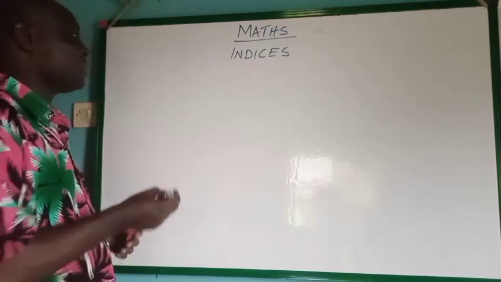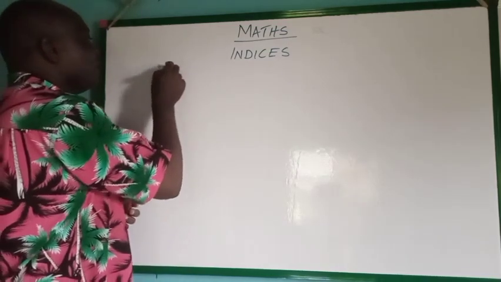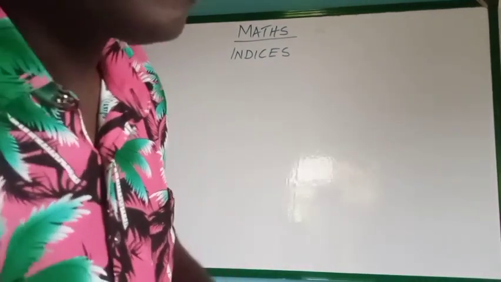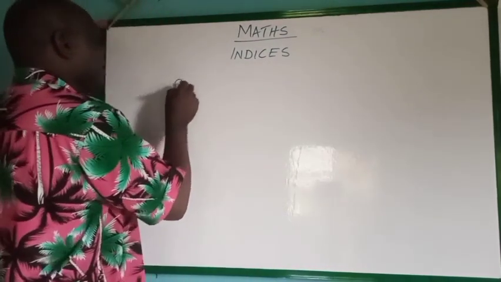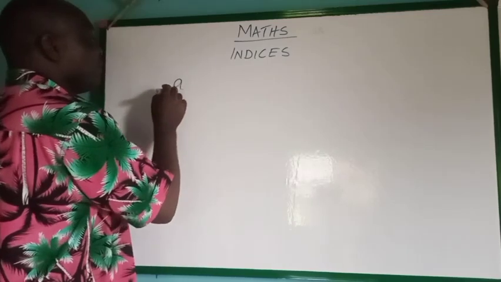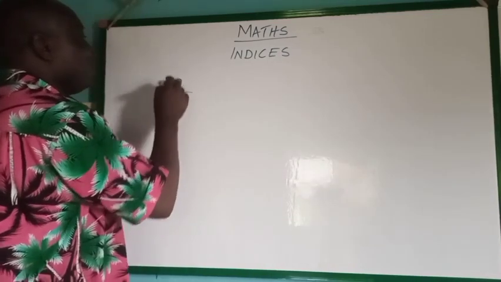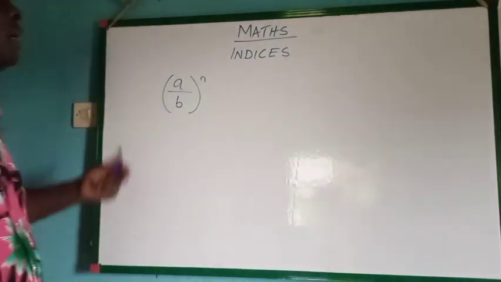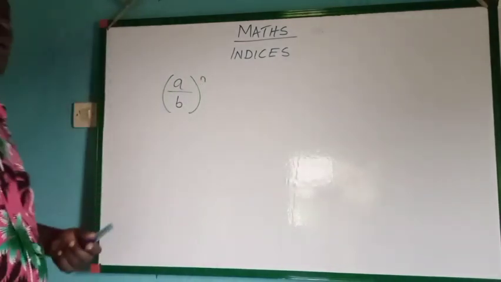So if, for instance, we have (a over b), all raised to power n.